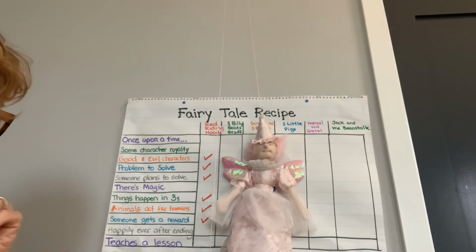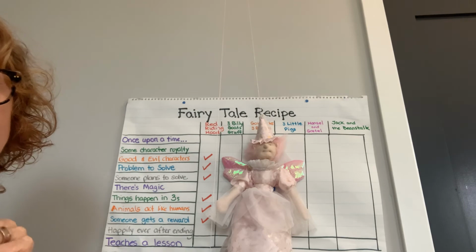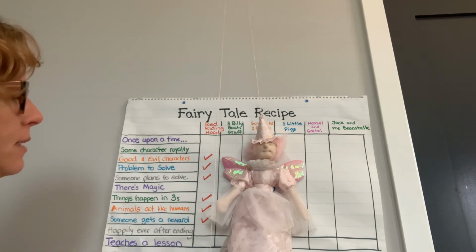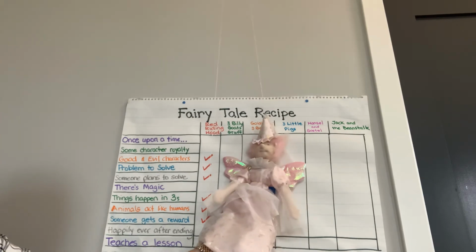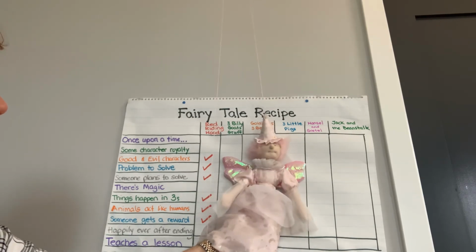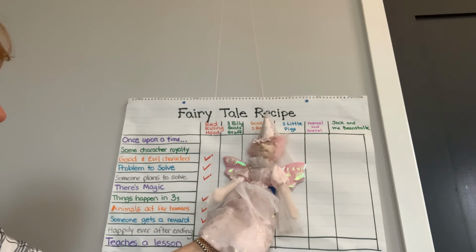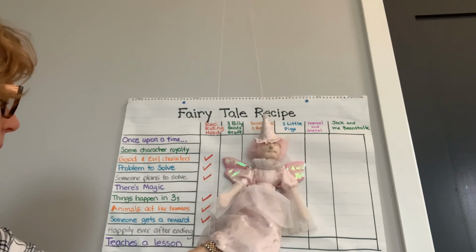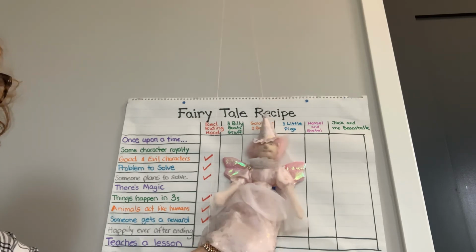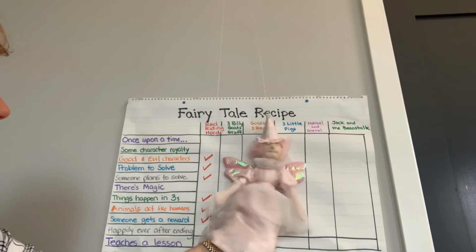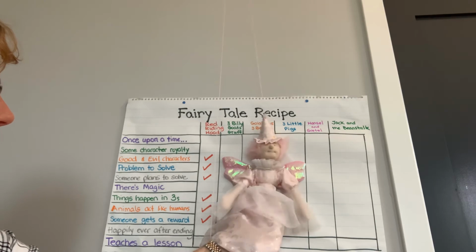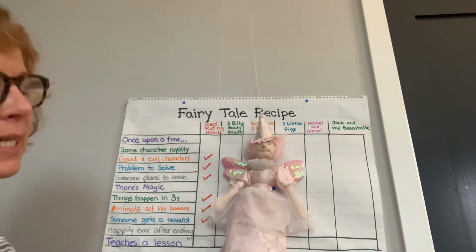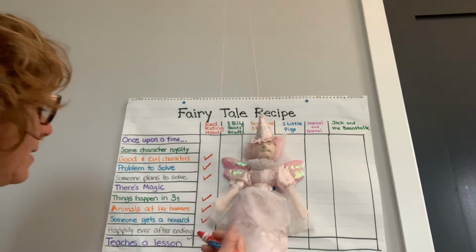And the last one. Does the story teach children a lesson? What do you think, Sparkle? Definitely. Be careful with strangers. Don't trust them. And listen to your mother. When she tells you to go straight to Granny's house, go straight to Granny's house. Don't tarry or talk to strangers. Oh, yeah. Definitely teaches children a lesson.